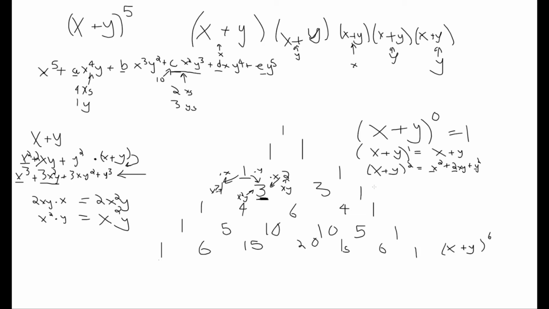Let me just do it again for another example, just to clarify. So let's look at this 4 over here. This 4 is being used to represent, I think, xy cubed.